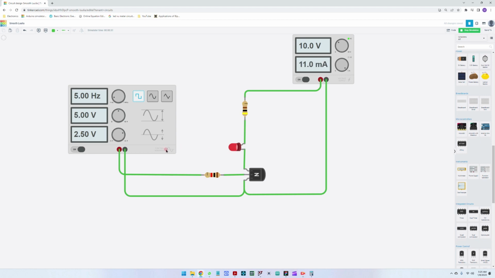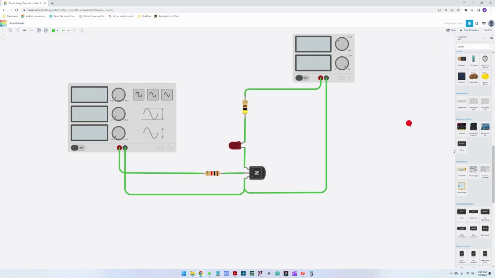It's turning on and off quite fast. But let's bring this down to 2 hertz so that we can see it turn on and off. Great. So this is the transistor working as a switch. We are just giving a command signal to this resistor in the base when we want this LED to turn on and off.